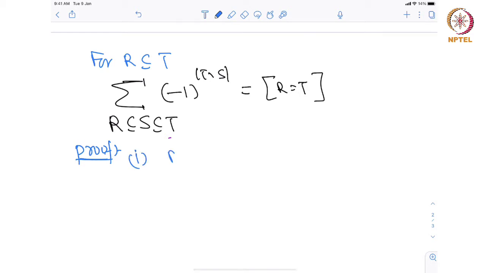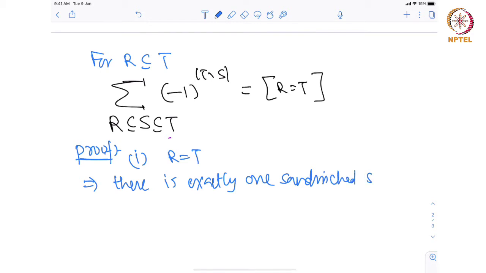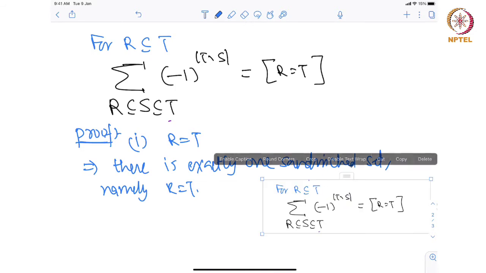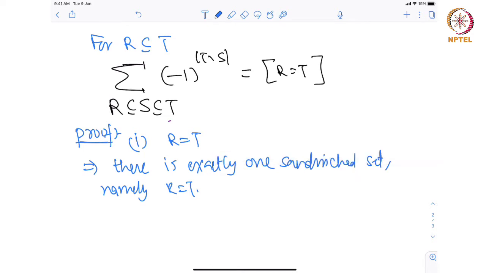Let's take first R equal to T. Then in this case there is exactly one sandwiched set, namely R equal to T, and so the left hand side has only one contribution, that is (-1) to the power 0, which is 1.